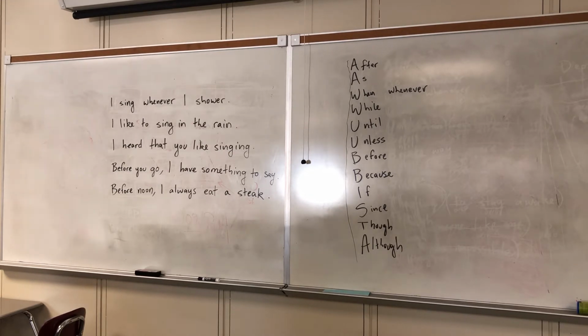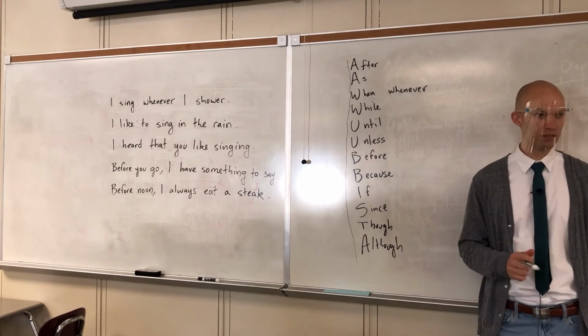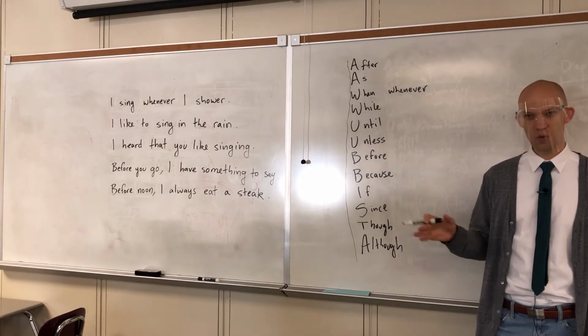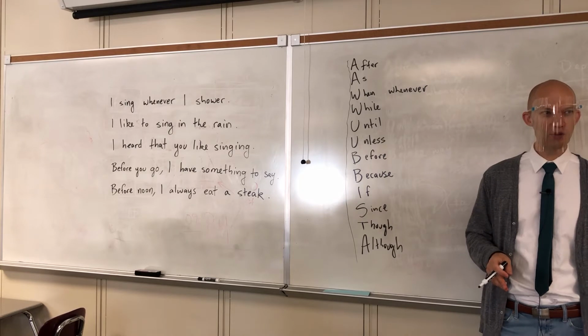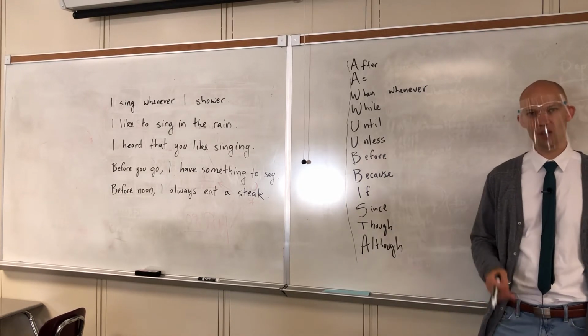What kind of conjunctions are they? Subordinating conjunctions. As opposed to what? What are the other kind? Coordinating. Excellent work. Okay. So you got coordinating conjunctions, fanboys, for, and, or, but, or, yet, so, and then the subordinating conjunctions, these guys.